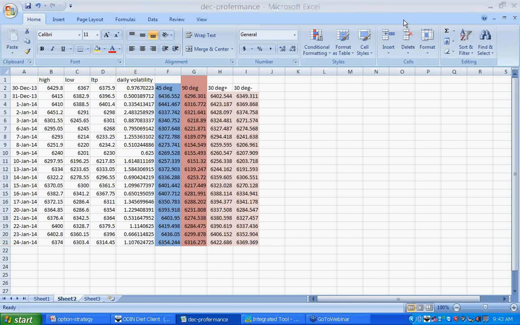So it is a general convention, whenever the prices go up, the volatility falls. Whenever prices fall, volatility goes up. So this is a theoretical general view on the market.